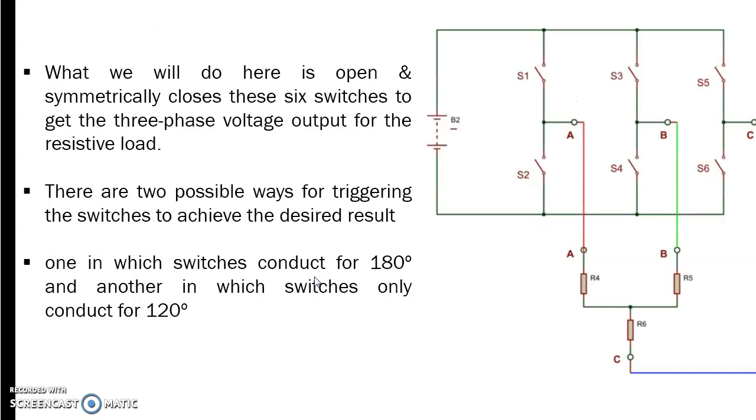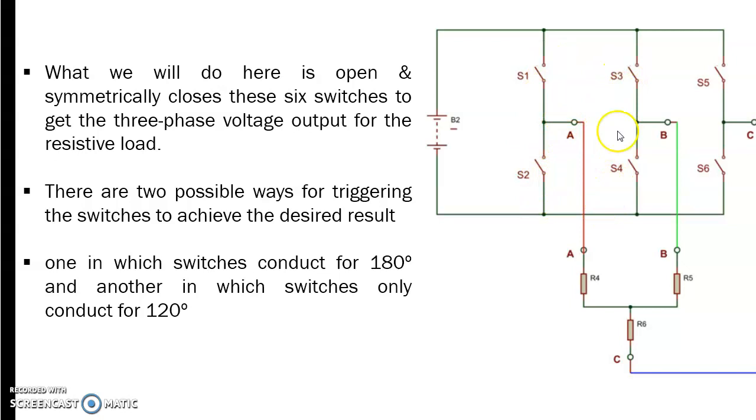This is a circuit diagram of a PWM voltage source inverter. Here you can see there are 6 switches and 3 legs. Each leg has 2 switches. S1 and S2 are operating complementarily.